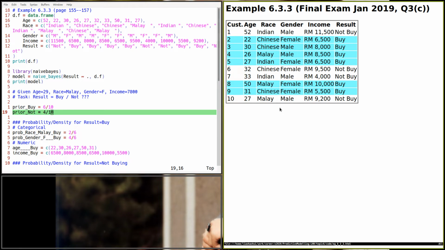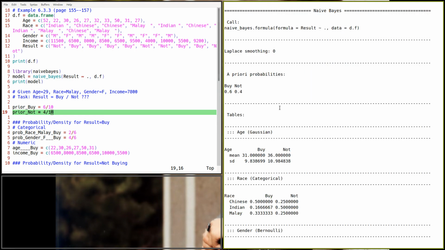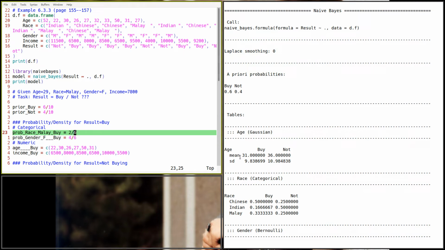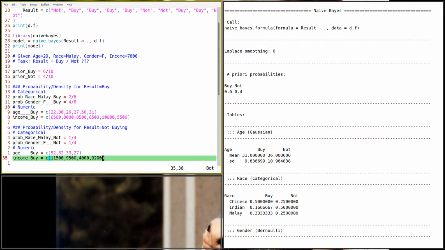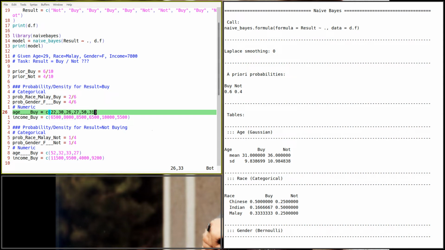This is reflected over here, buy and not buy. Then next is this kind of data. How do we estimate all this? It's all based on values here.